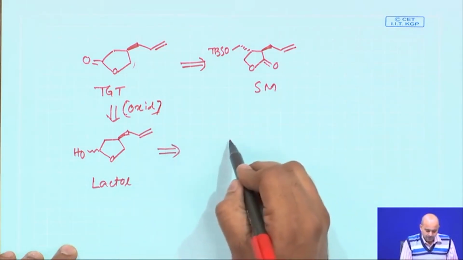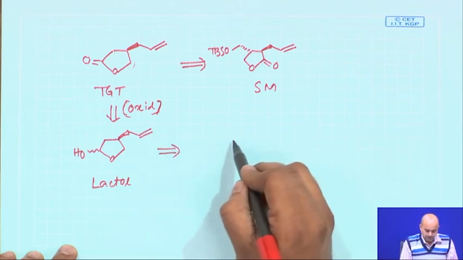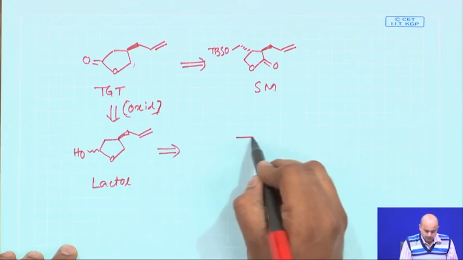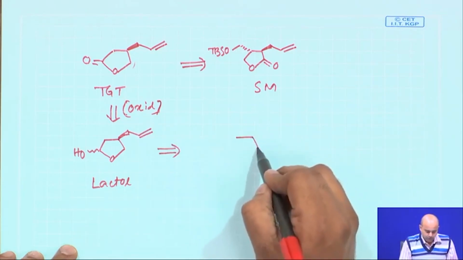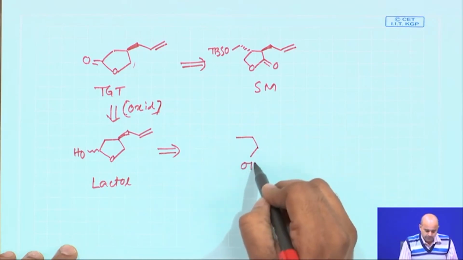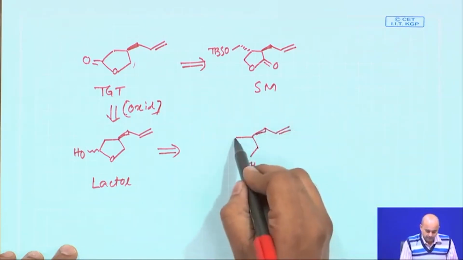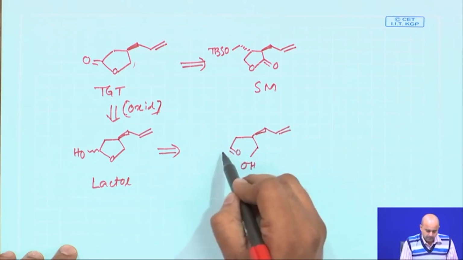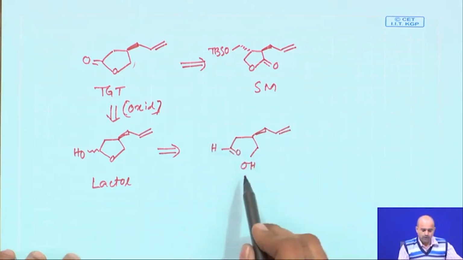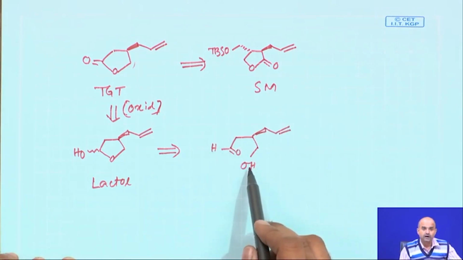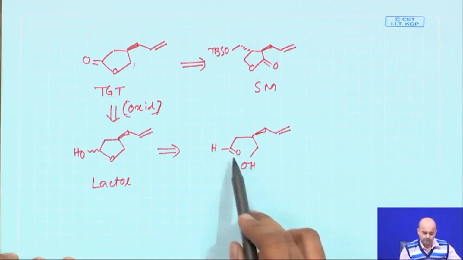Now, lactol is basically, as I already said, a hemiacetal, and then now you will just do a simple FGI-based thing. The allyl appendage is here. Now, see, if you have a hydroxyaldehyde, hydroxyaldehydes are basically this kind of compound.